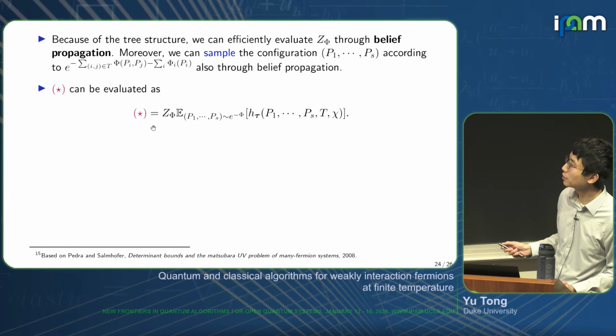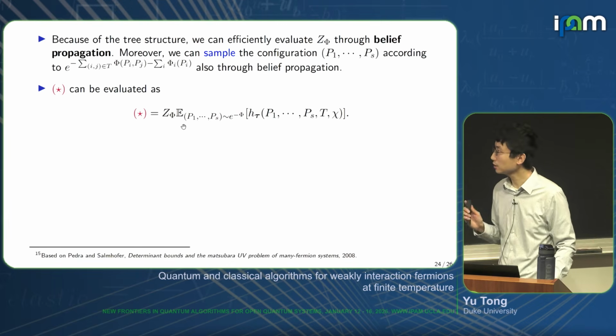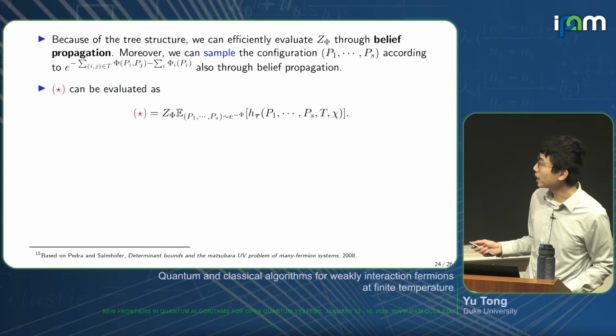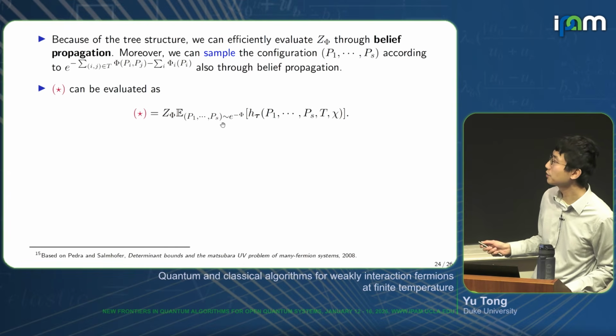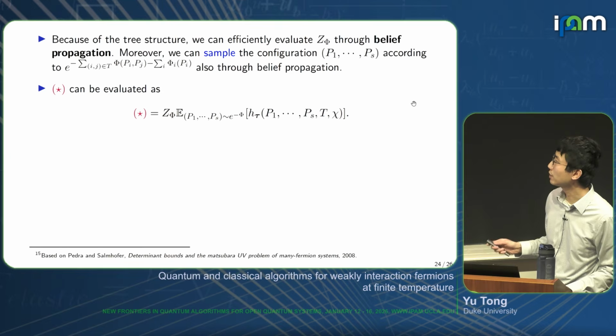So the thing we want to evaluate, which we denoted as star, can then be evaluated as just the partition function times the expected value of h tau, where your configuration is sampled using belief propagation. So then you can evaluate it through sampling, through this Monte Carlo method.